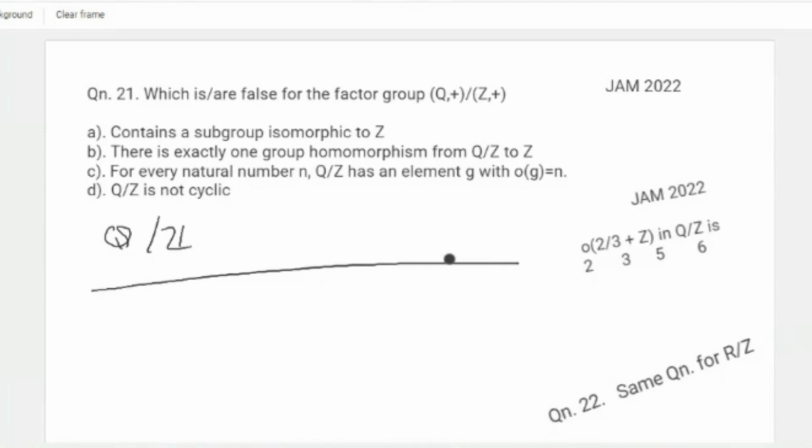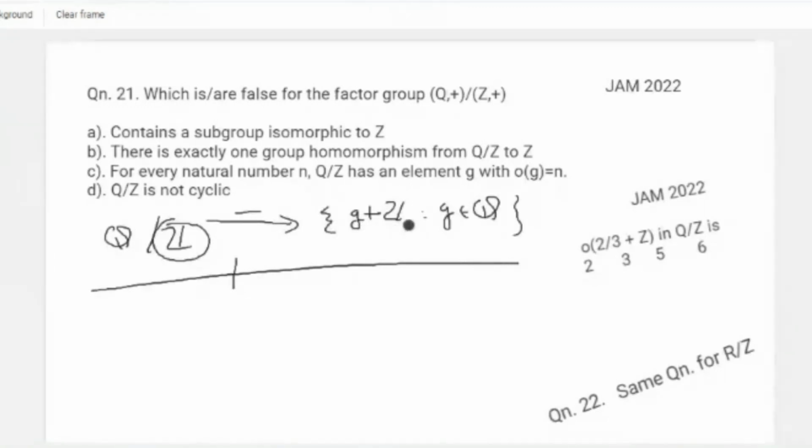What are the elements of this? We just consider the cosets g plus Z, where g belongs to Q. Every g in Q, you just add with each element of Z, so that all those elements will constitute a single coset.